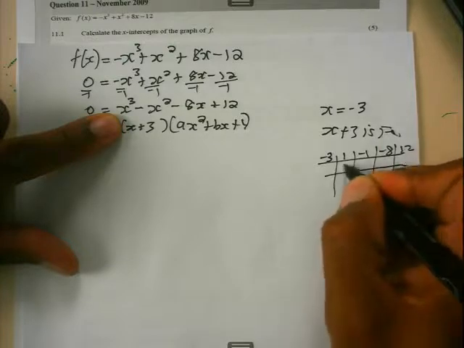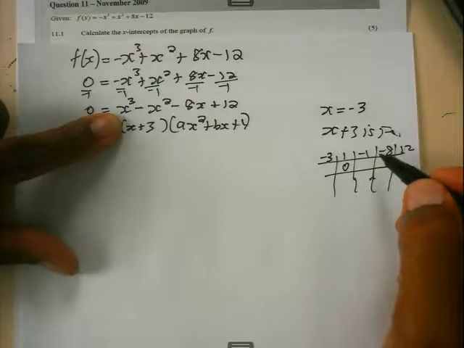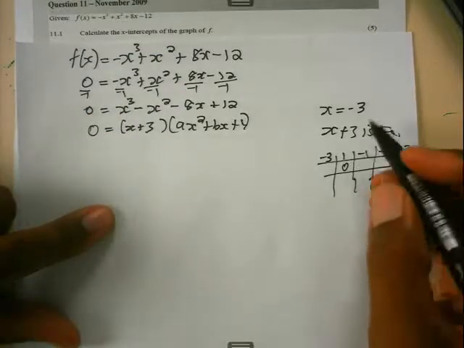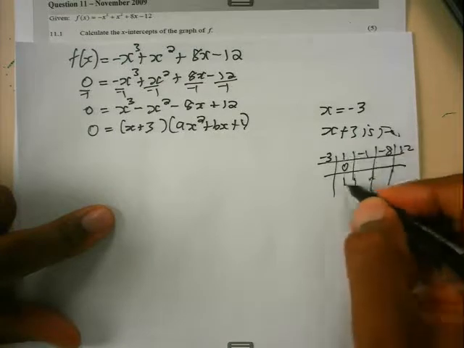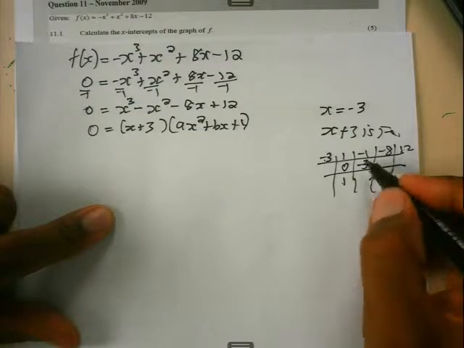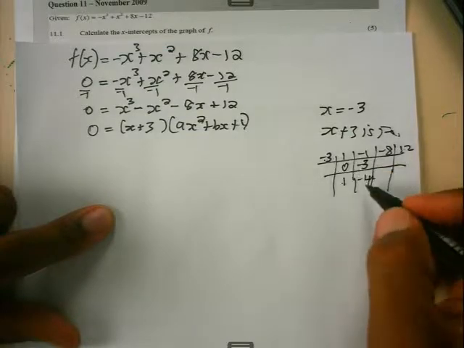Then 0 here. Why 0? Because when you take minus 3 and substitute it in there, we are going to get y as 0. 1 plus 0 is 1. Now we take minus 3 times 1. It is minus 3. Then minus 1 minus 3 is minus 4. Negative 3 times negative 4.